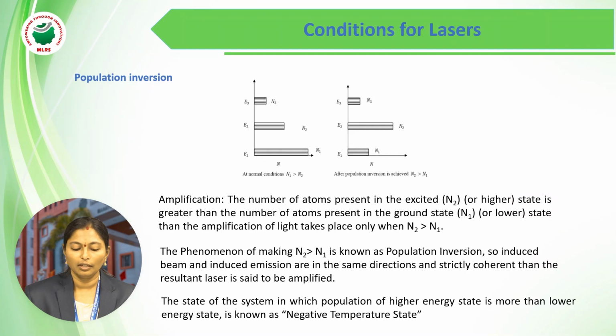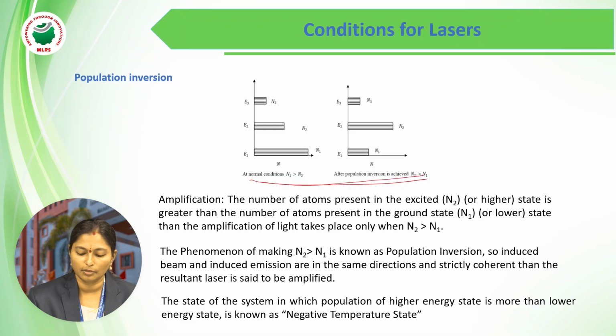Earlier we saw the two-level energy system. Now we can see the three-level energy system, because while learning about the different types of lasers, we need to understand the three-level and four-level energy systems. Here E1 is the energy of the ground state and N1 is the number of atoms in the ground state, while N2 and N3 are the higher energy levels.